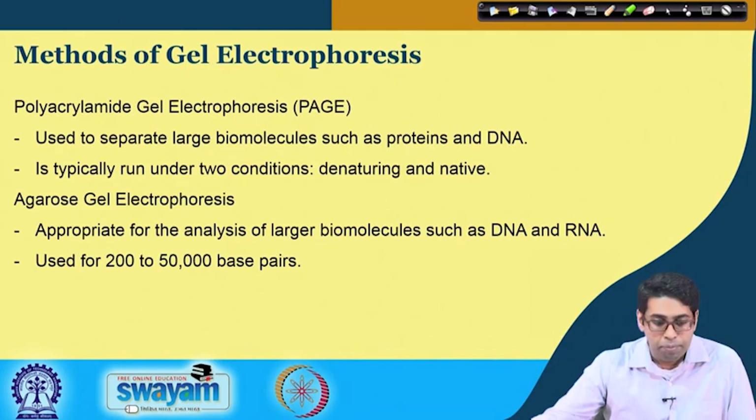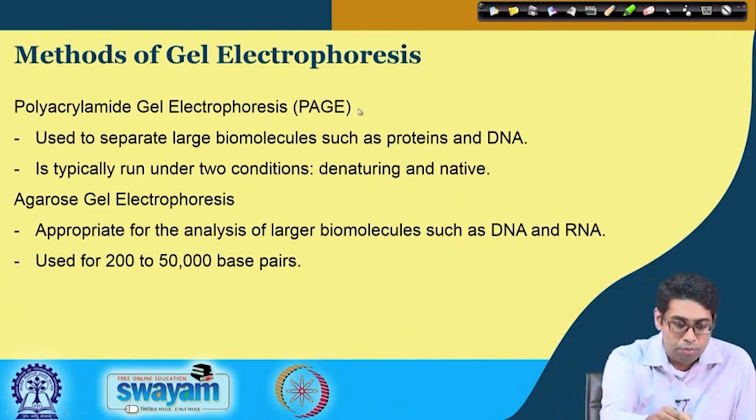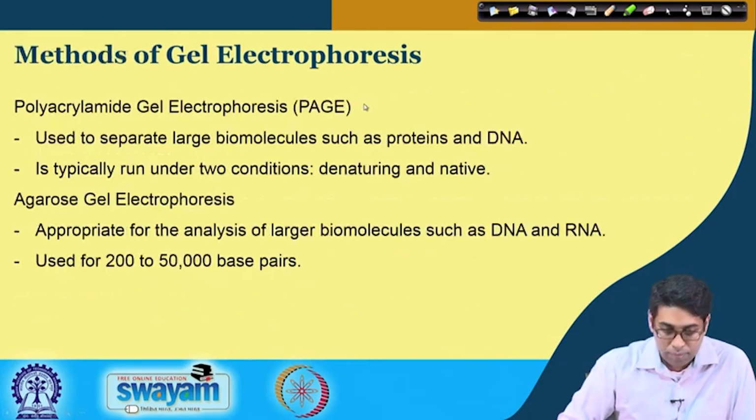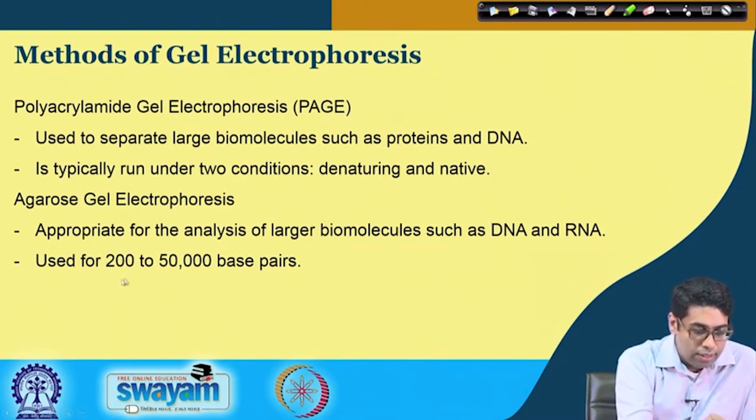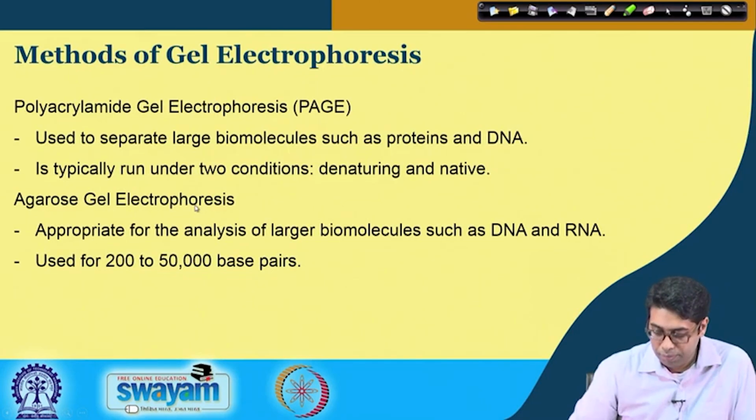PAGE is used mostly for proteins, and it is used for DNA if the length of the DNA is less than 200 base pair. If the DNA or the RNA is more than 200 base pair, then we have to use agarose gel electrophoresis.